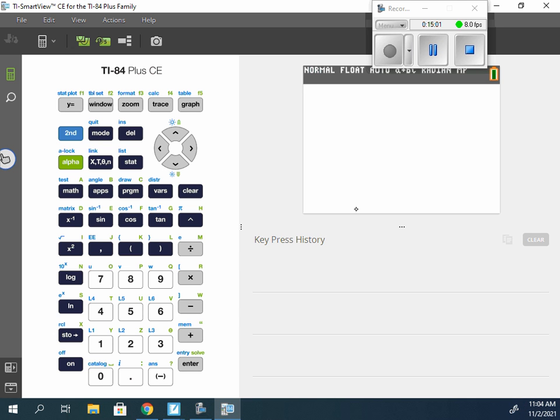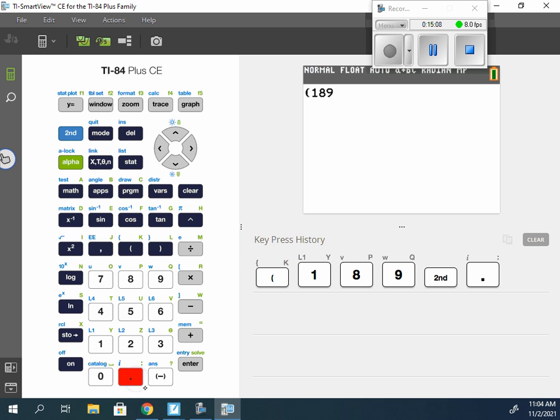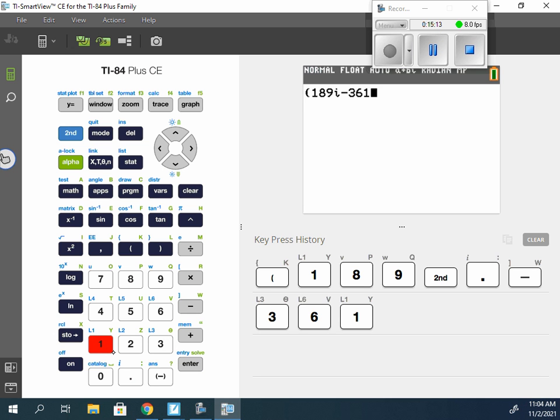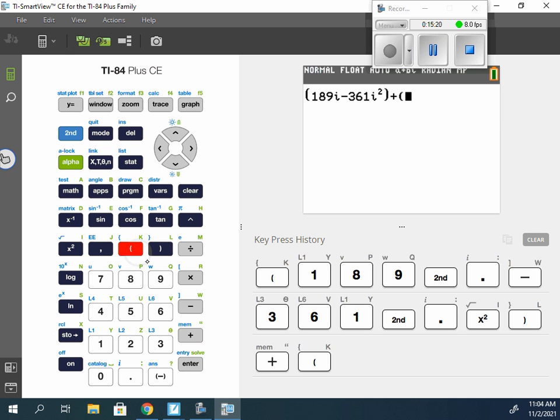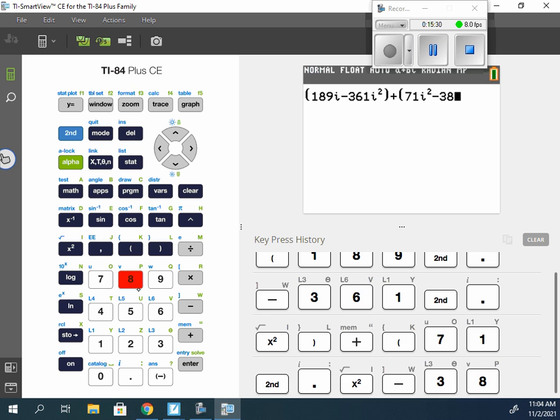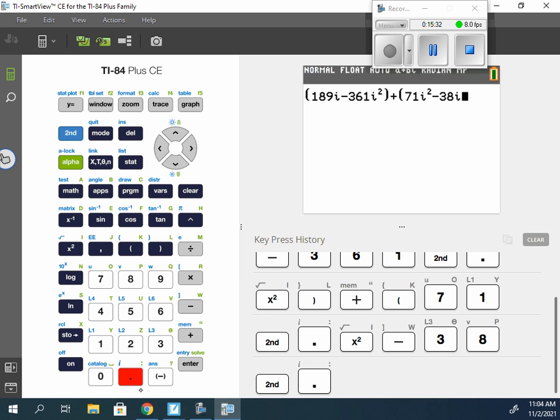Now, we could also do this in the calculator. So if we look at E, which is parentheses, 189 sqrt(i) minus 361 sqrt(i) squared plus parentheses 71 sqrt(i) squared minus 38 sqrt(i) to the fourth.